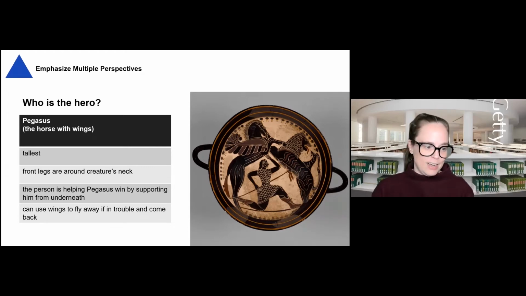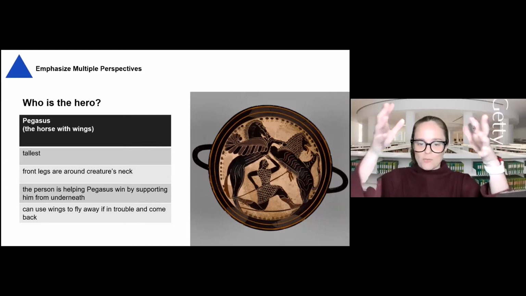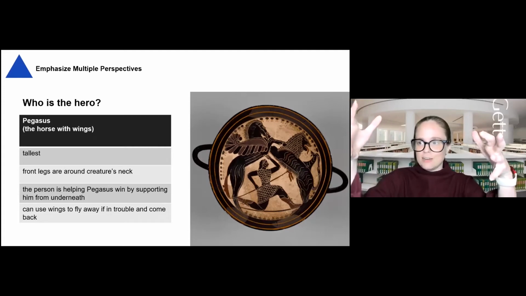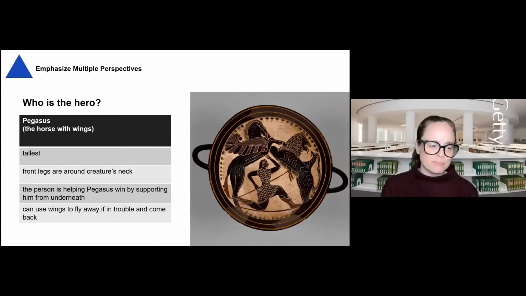Pegasus, his front legs are around the neck of the chimera. And then maybe the person is helping Pegasus win by supporting him from underneath. So since Pegasus is being supported underneath, that makes his chances better.